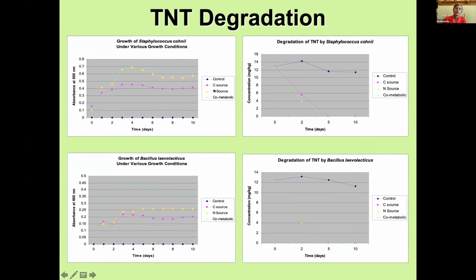Here is a co-metabolic condition, carbon source, nitrogen source, and you can see the TNT concentration going down. And same thing with bacillus. Bacillus can use TNT as carbon source and nitrogen source. Of course, under co-metabolic condition, you see better growth. And in all these conditions, you see the concentration of the chemical go away.